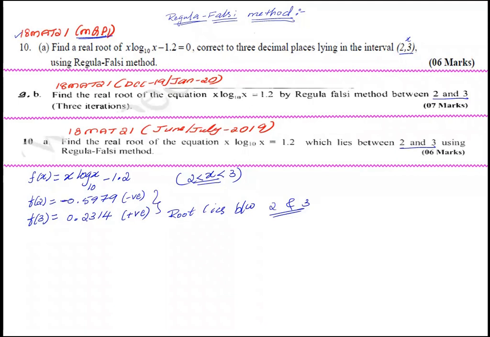Now I will make a table of x and f of x, with columns a, f of a, b, f of b, and the formula, that is x is equal to (a f of b minus b times f of a) divided by (f of b minus f of a), the regula falsi formula, in this column, and the value of f of x in this column.